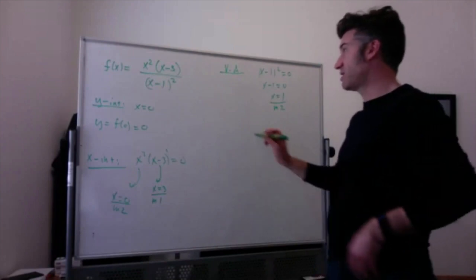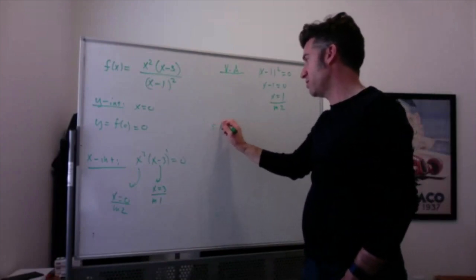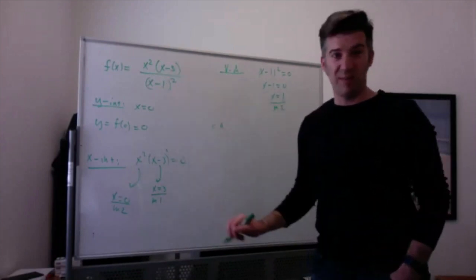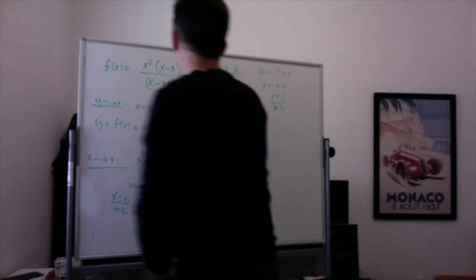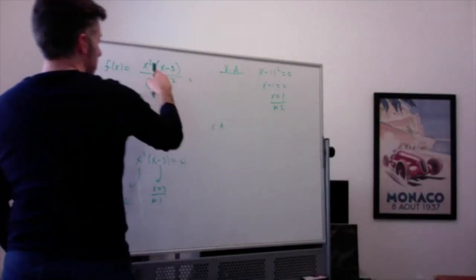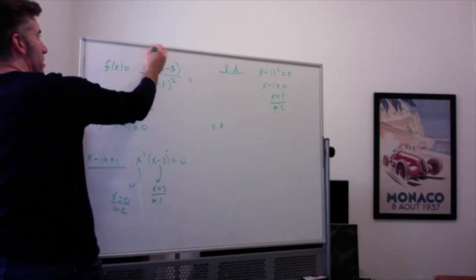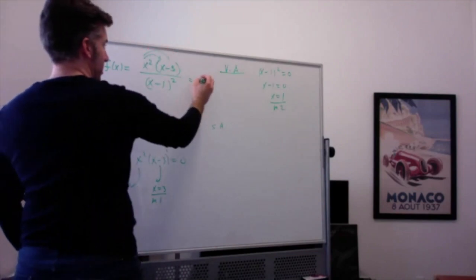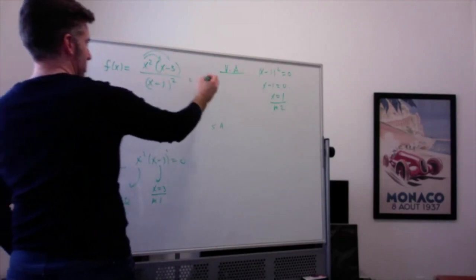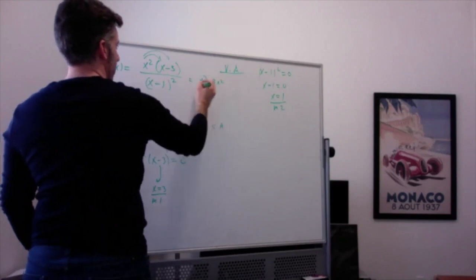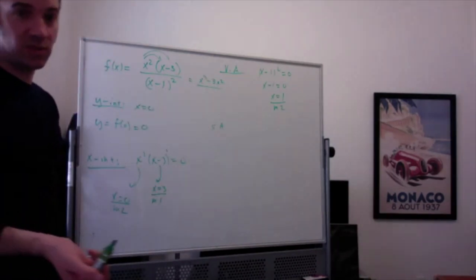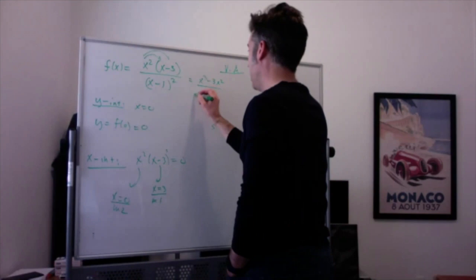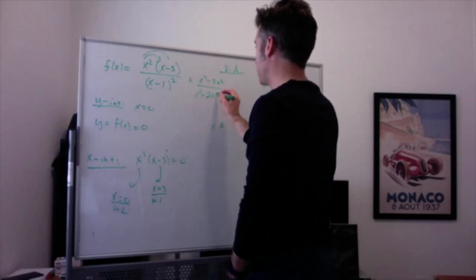Okay, and then finally the slant asymptote. To find the slant asymptote, I really need to multiply out the top and the bottom. So you multiply the top: x squared times x is x cubed, x squared times minus 3 is minus 3x squared. The bottom, x minus 1 squared is x squared minus 2x plus 1.